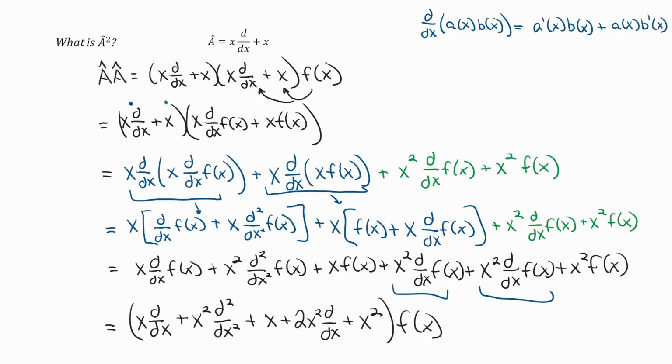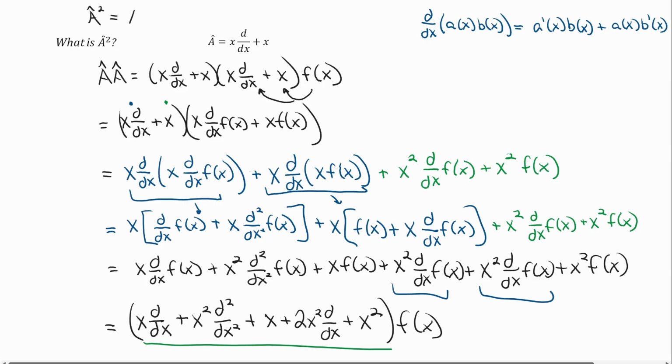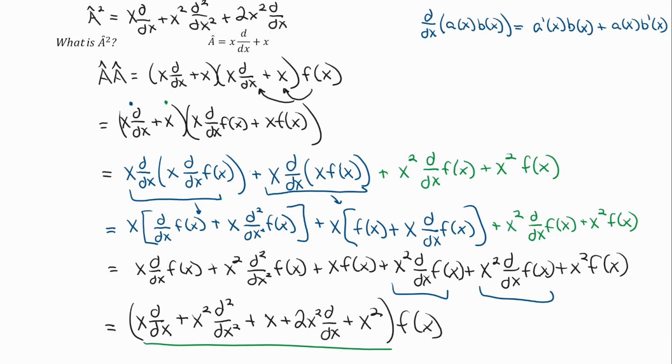So everything in here in the parentheses is going to be our operator A squared. And so I'll write it out above as our final answer. A squared is the same thing as saying x d over dx plus x squared d squared over dx squared plus 2x squared d over dx plus x squared plus x as our final A squared operator.